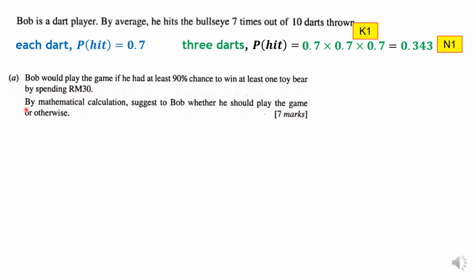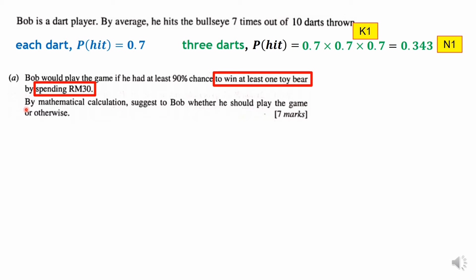Bob would play the game if he had at least 90% chance to win at least one toy bear. So at least one toy bear is one of the keywords, right? Then spending RM30 is also another keyword.